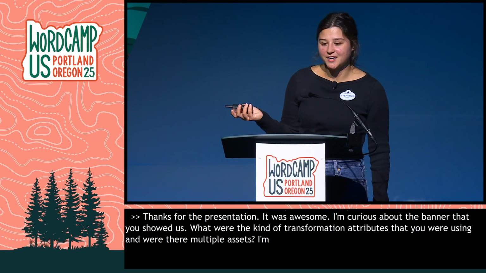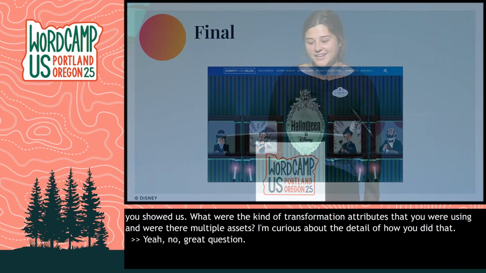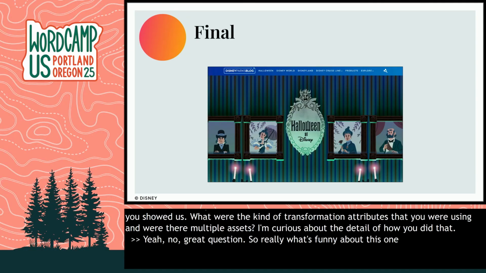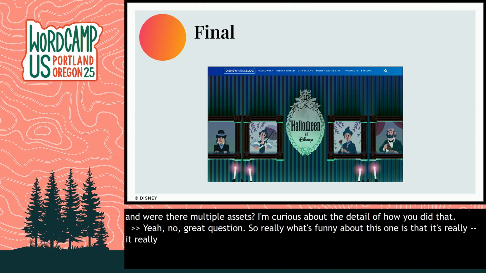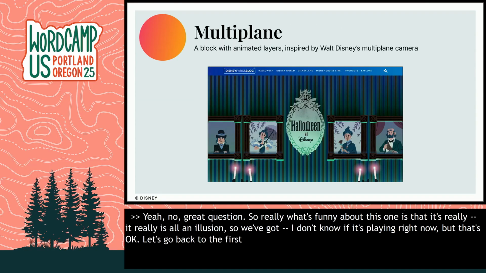Great question. What's funny about this one is that it really is all an illusion. I don't know if it's playing right now, but that's okay. Let's go back to the first slide, because I think it's playing there maybe.